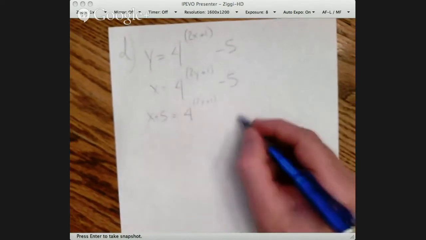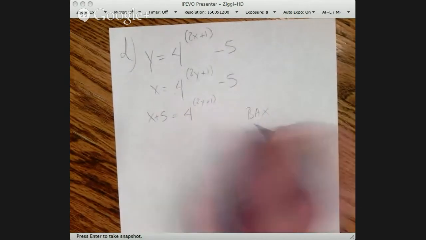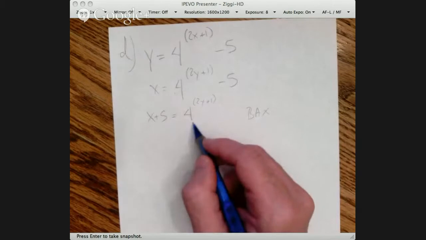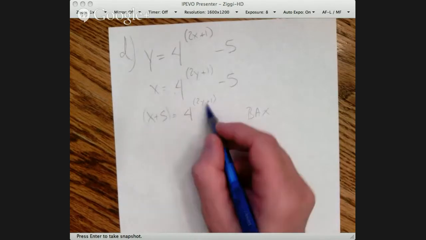Now, because of the way that we had remembered this before when we go to logarithms, it was base, answer, exponent. I can put this in logarithmic form, but it has to be in that format. This is my answer, this is my base, this is my exponent.